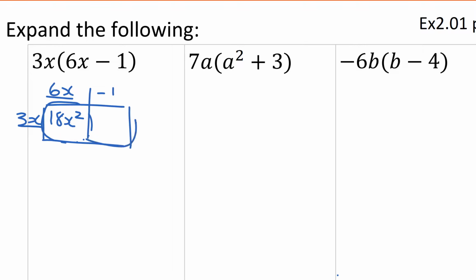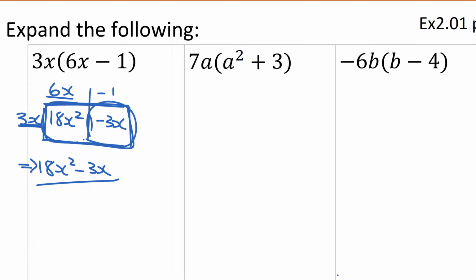The area in this box is 3x times negative 1, which is negative 3x. Now the area of this rectangle is 18x squared minus 3x. When you're doing multiplication of two things, it's like you're finding the area of a rectangle.